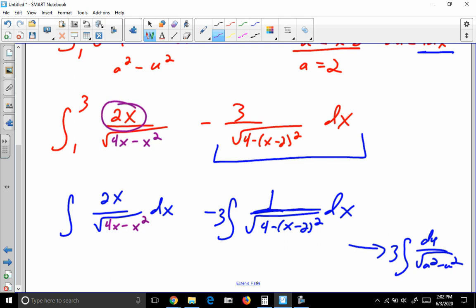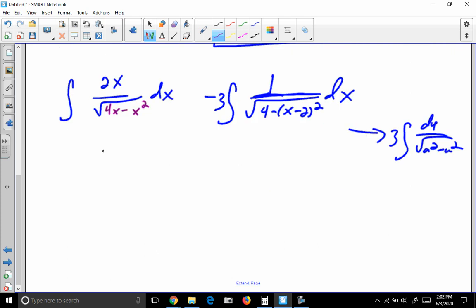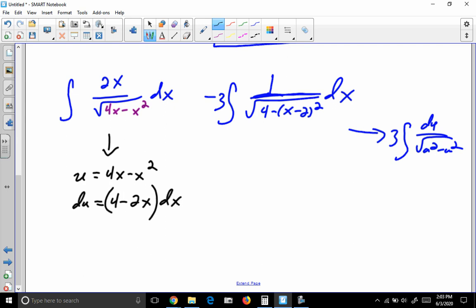So what are we going to do with that? I'll try to do this without getting terribly messy. But if u is 4x minus x squared, and du needs to be 4 minus 2x dx, positive 2x.